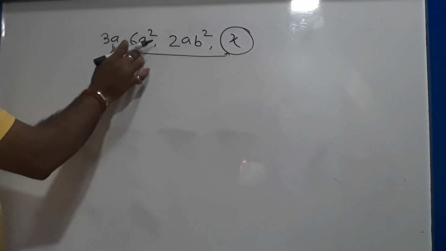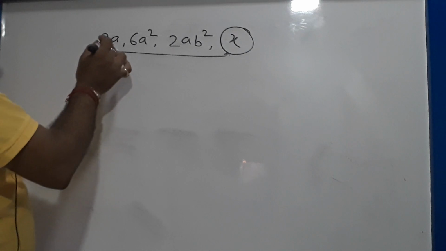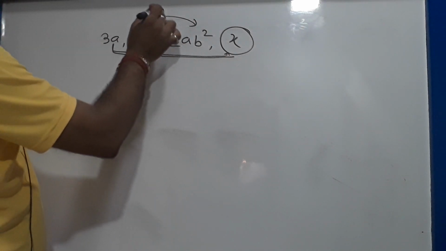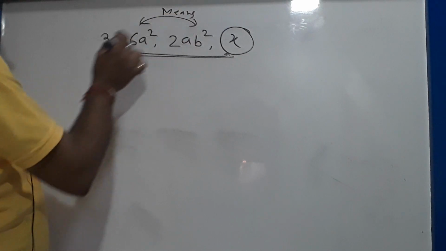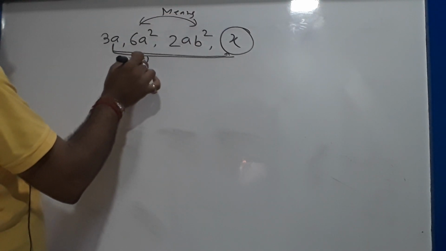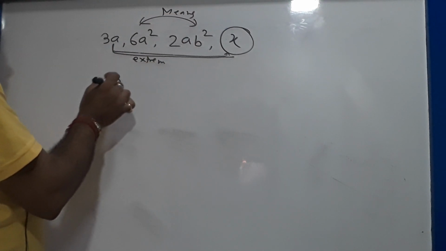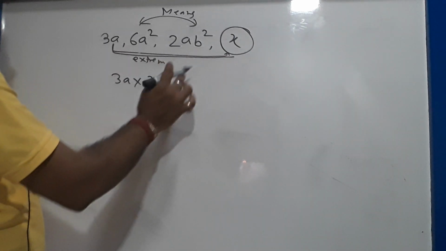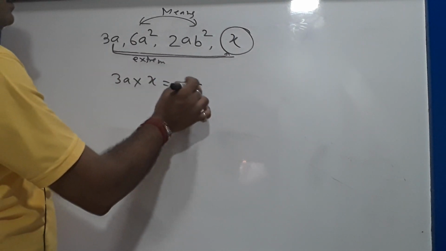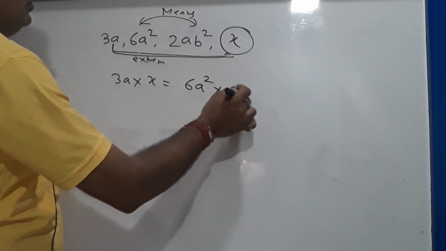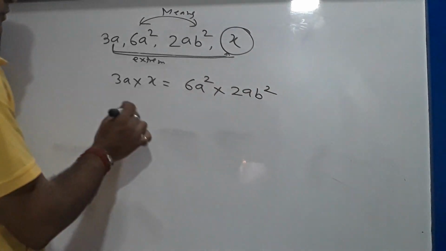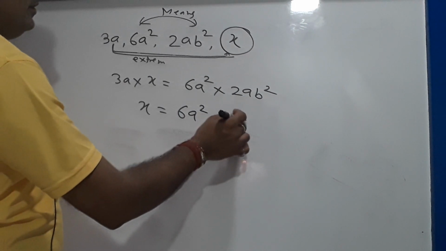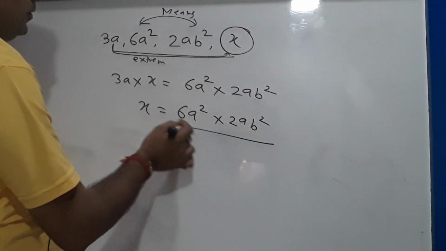Four numbers are in proportion means the product of extremes is equal to the product of means. These two are mean values and these two are extreme values. So 3a into x, the product of extremes, is equal to the product of means, 6a square into 2ab square. So x is equal to 6a square into 2ab square upon 3a.